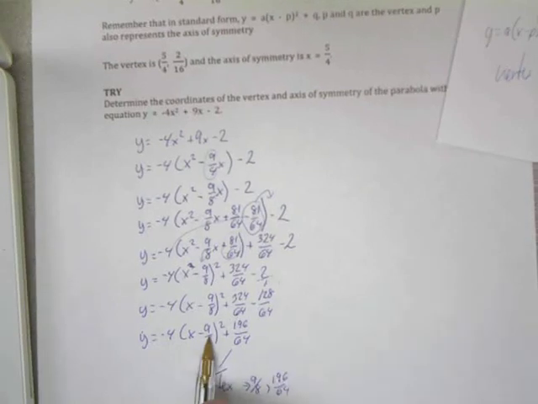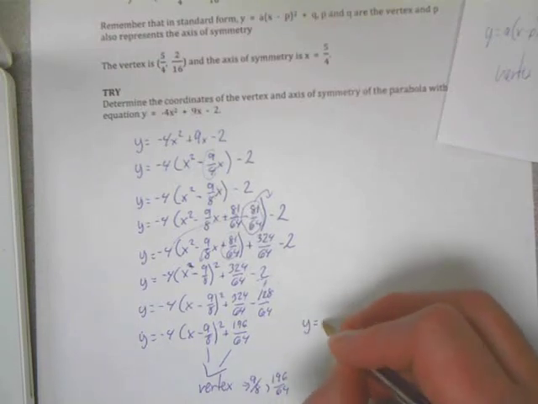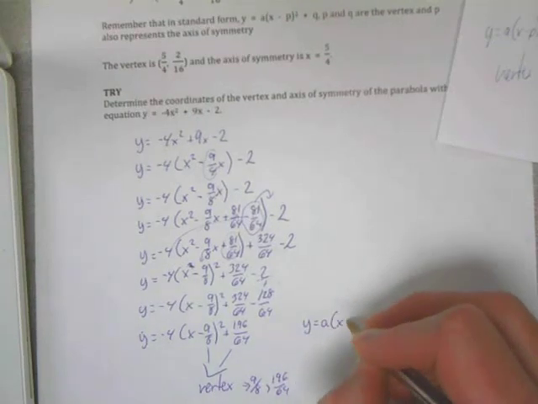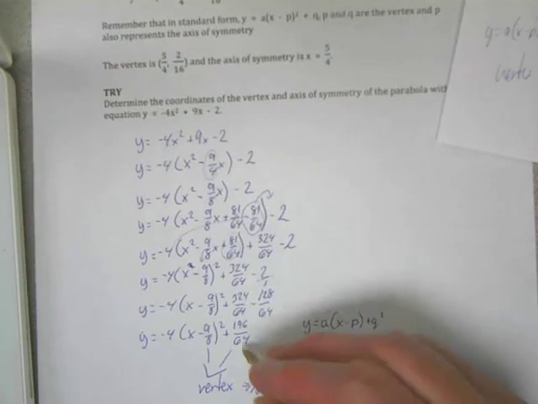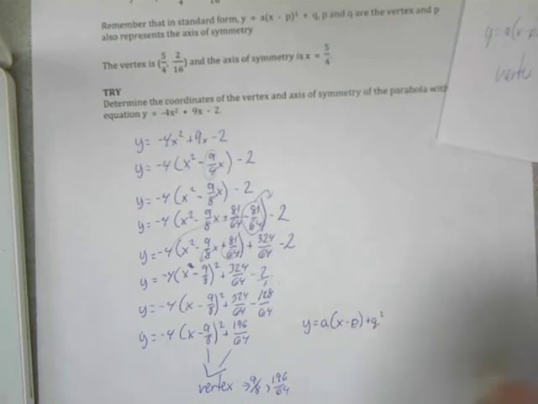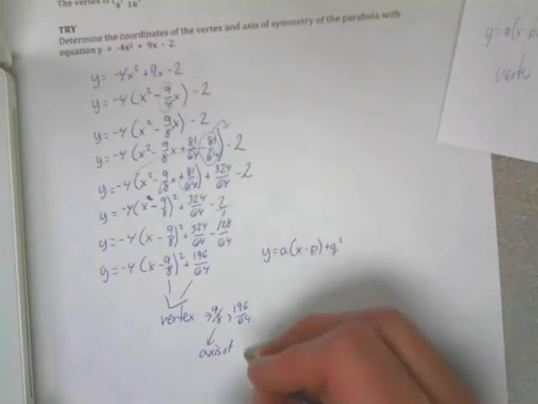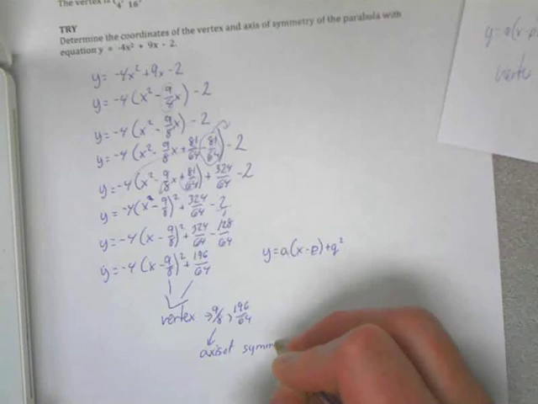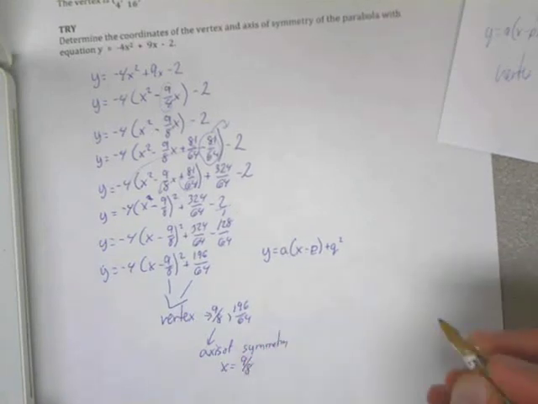It stays positive because there's a negative sign there, and in the original equation, or the equation we look at, this is negative there, so it doesn't change, which is a positive number, replaces the p. Axis of symmetry: x is equal to 9 over 8.